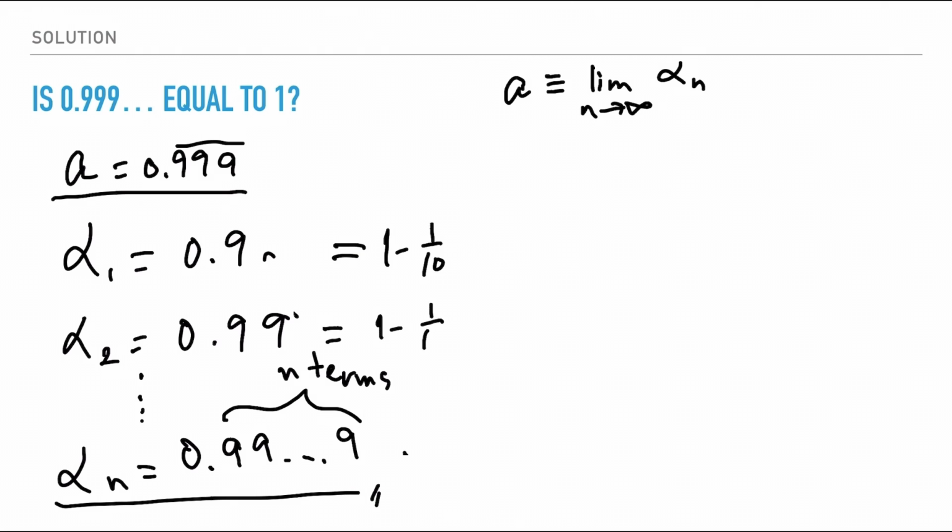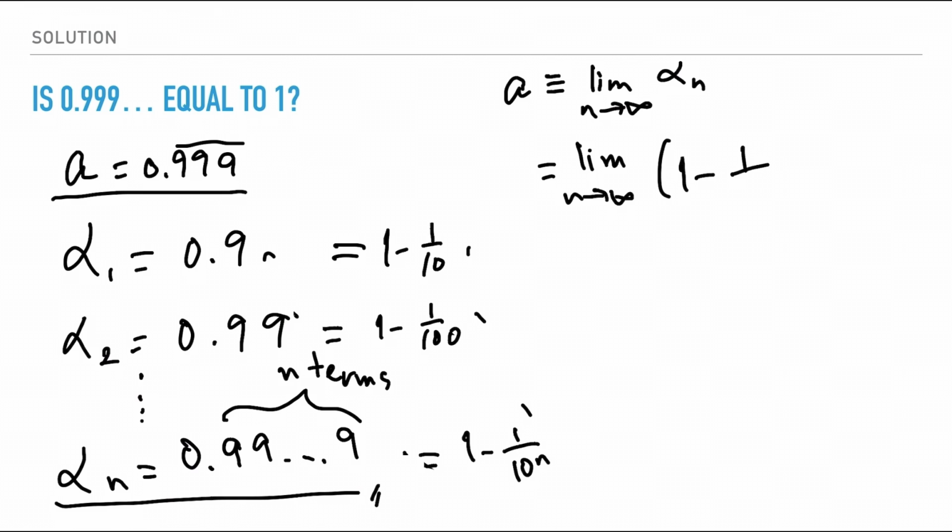The second term is 1 minus 1 over 100. And the nth term is actually 1 minus 1 over 10 to the nth. So these are the terms of our sequence alpha. And so we can just substitute it here, and we obtain the following limit.